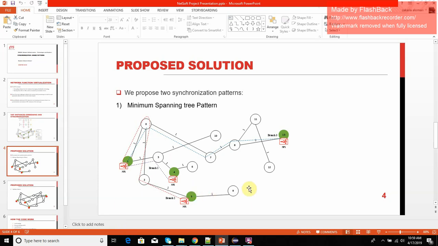The minimum spanning tree pattern need not be a path. It can have branches.